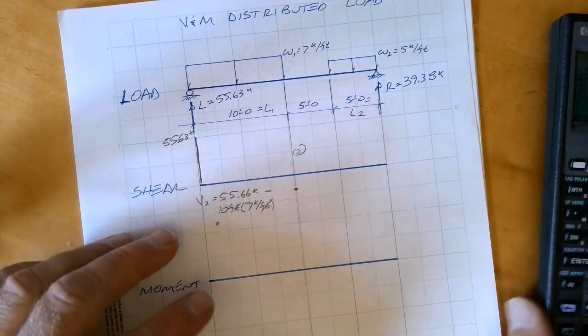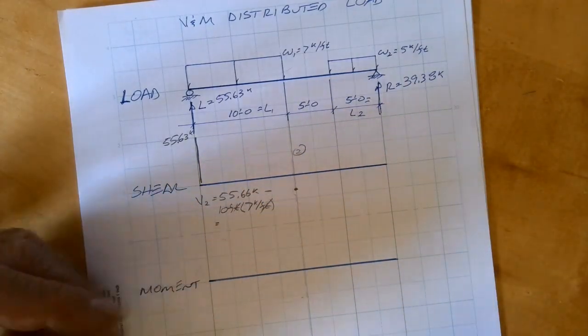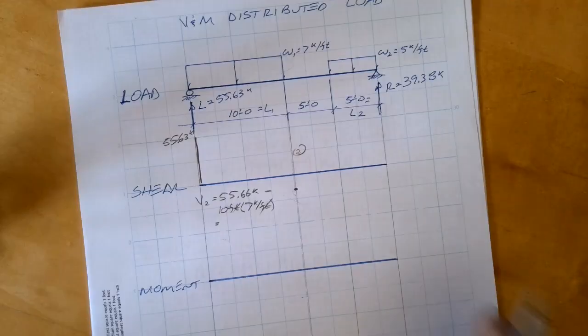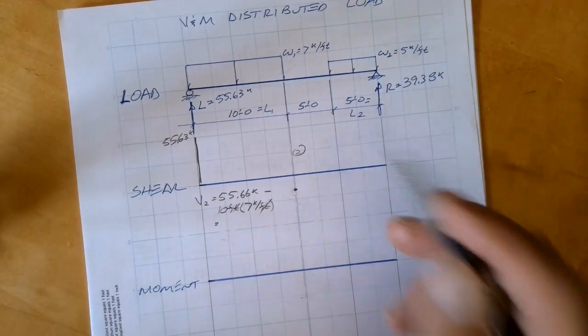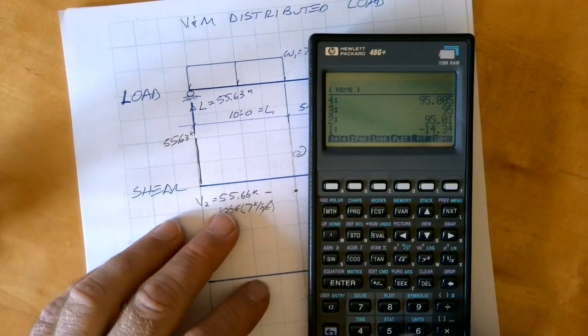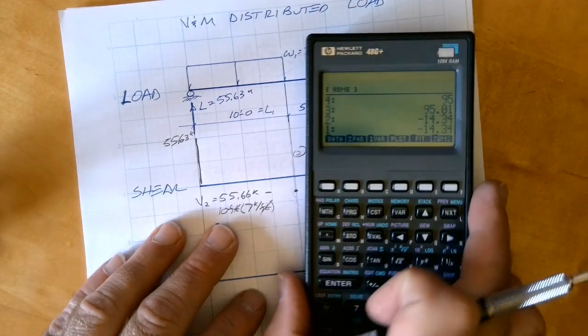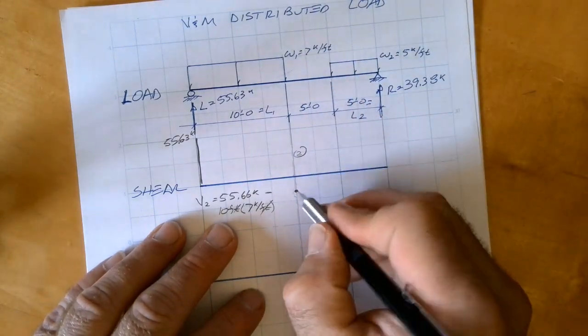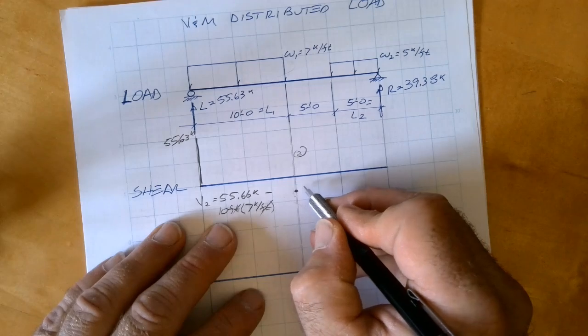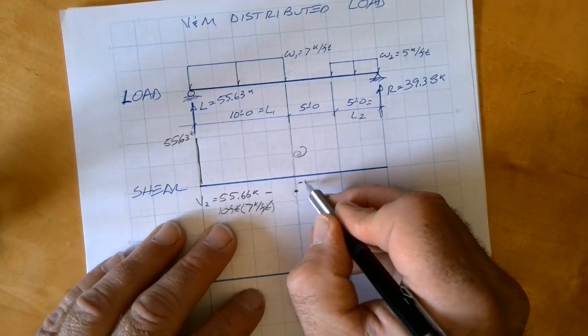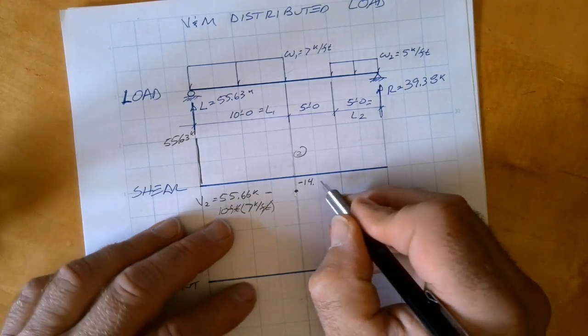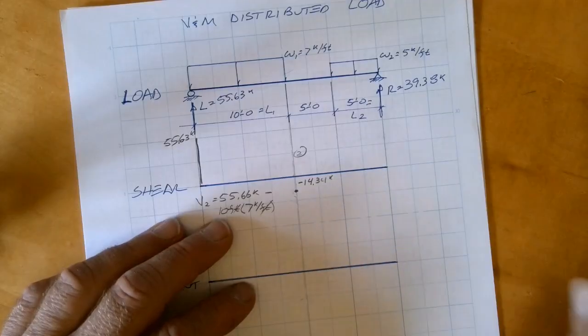You don't have to draw it to perfect scale vertically or horizontally, but it does help to do it somewhat proportionally. I'm going to check my number here really quick: 14.34 kips.